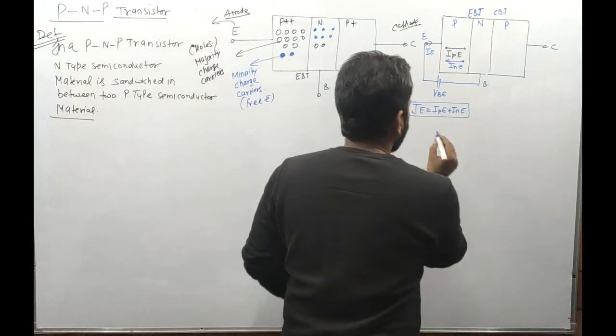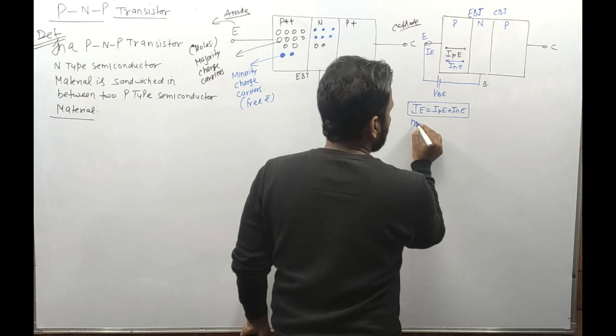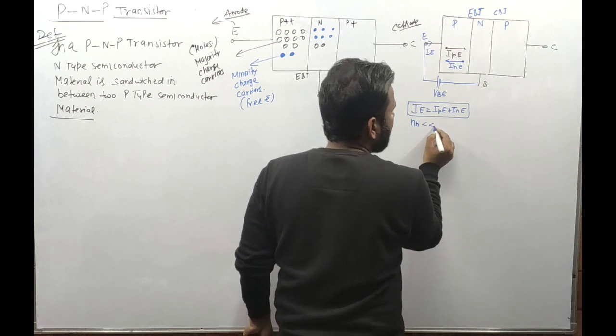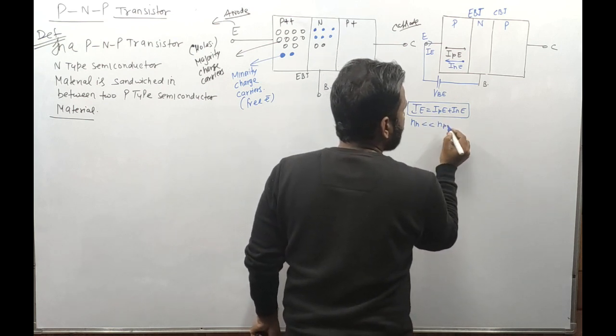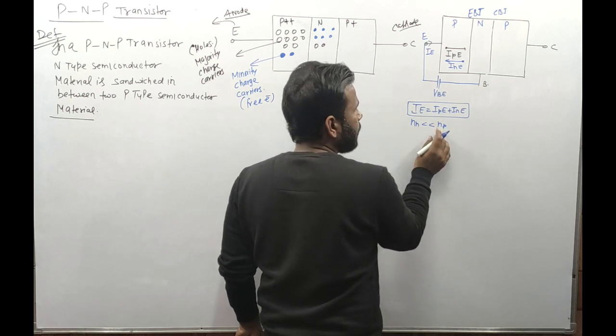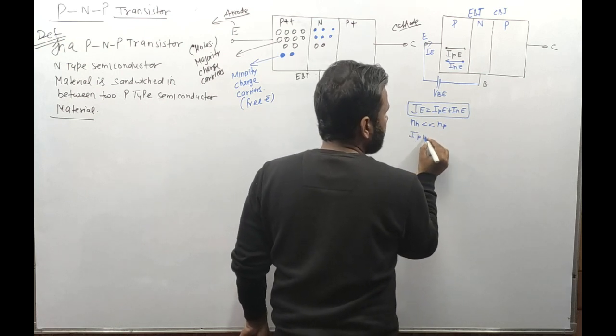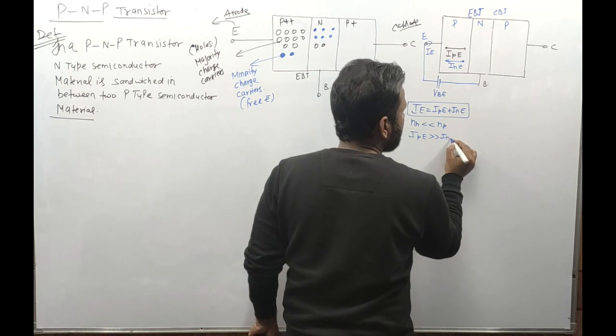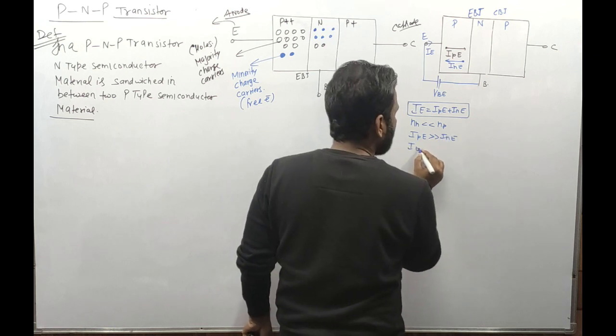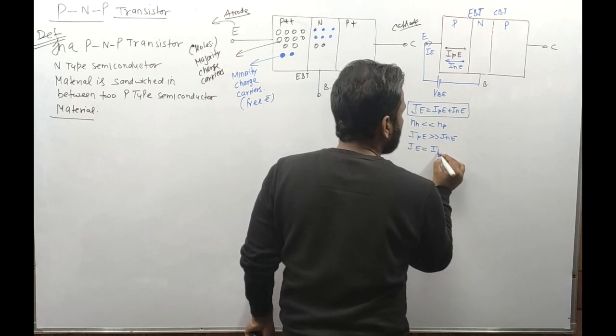Clear? So we know that N of E, the electron concentration, is very less as compared to the hole concentration. So I of PE is much greater than I of NE. So the total emitter current is due to the holes.